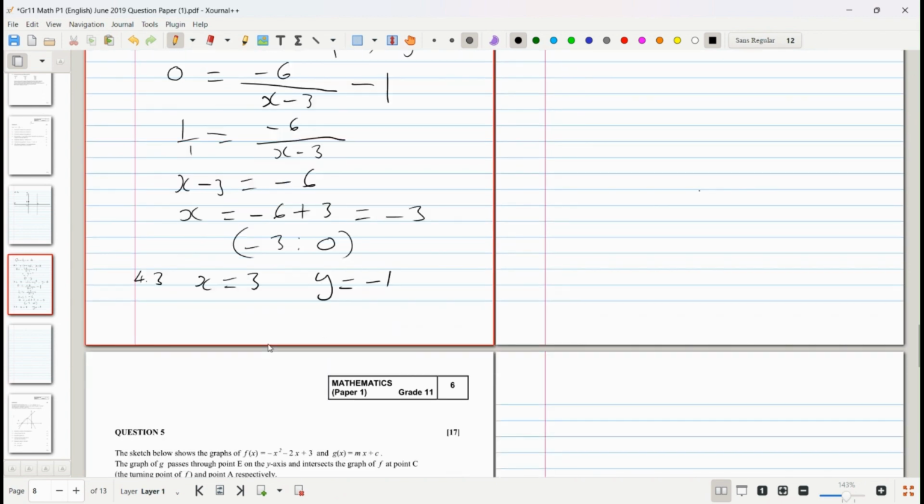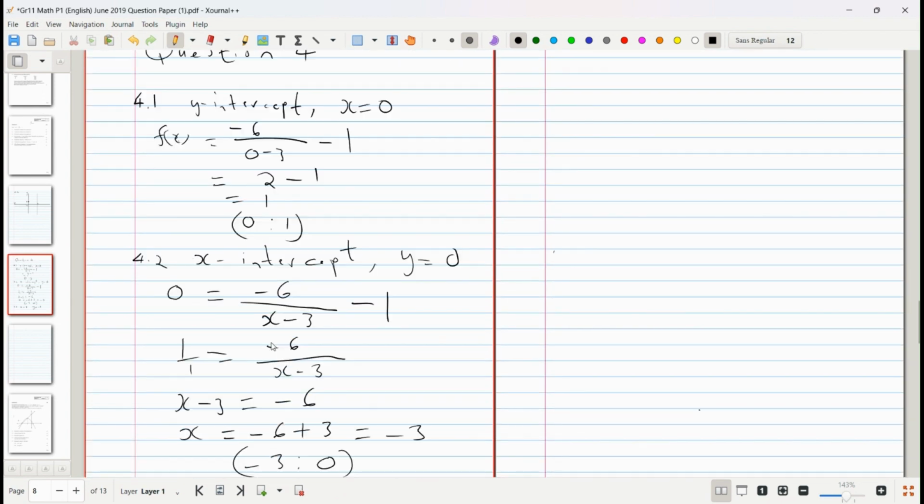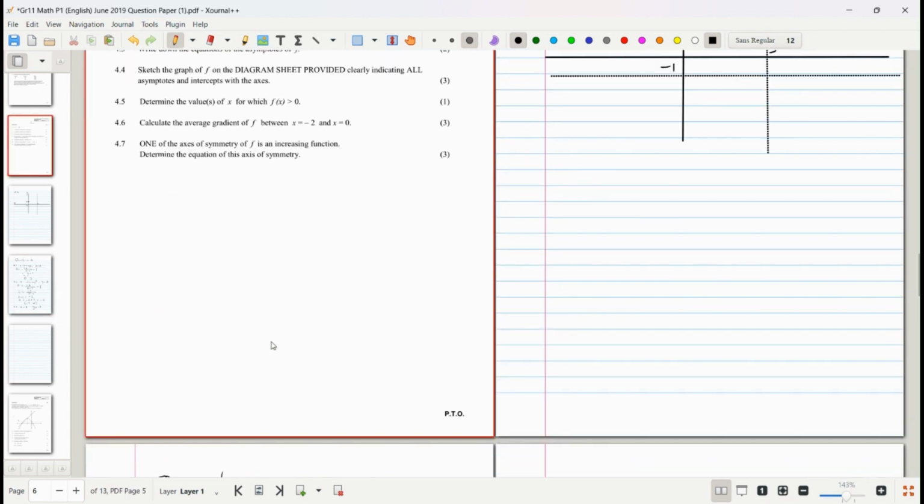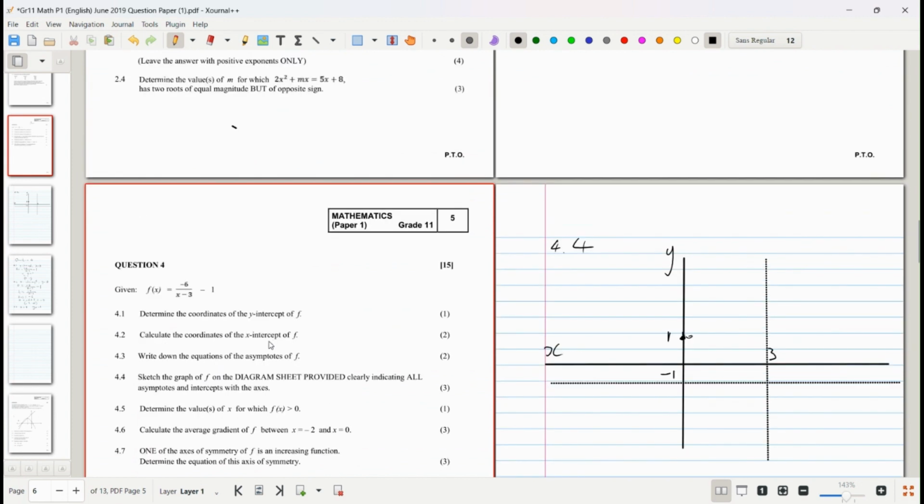The next point is negative 3, 0. Negative 3 is somewhere here.